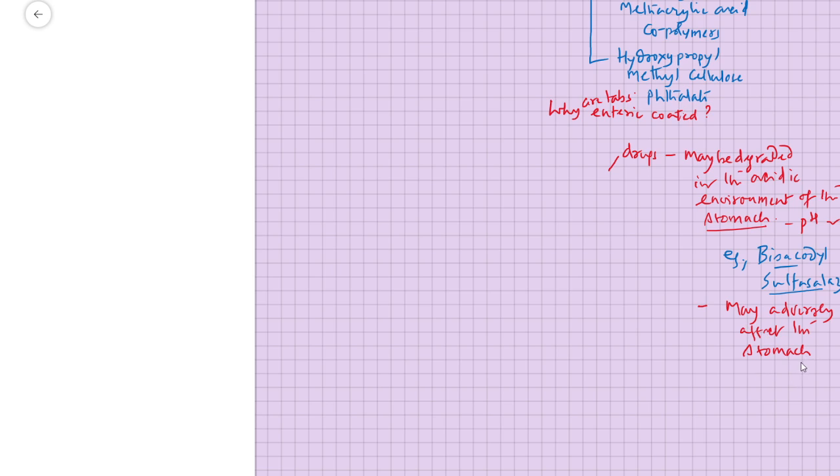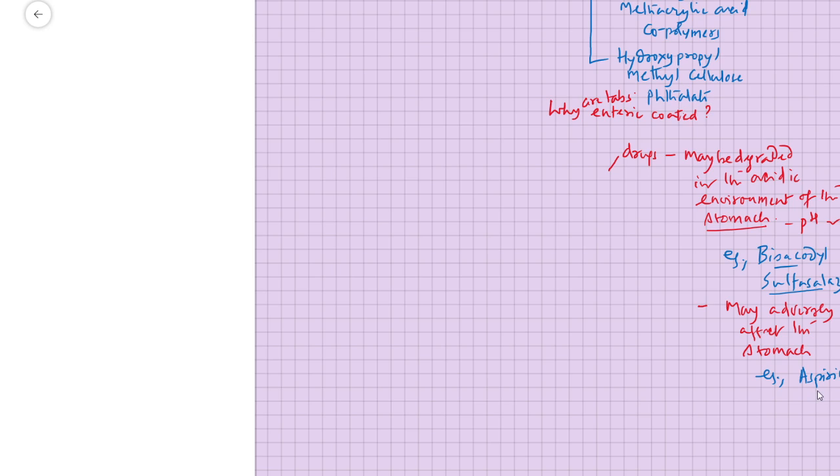The lining of the stomach may be compromised by the drug. In such cases also, an enteric coating is given. What could be an example of these drugs? It could be aspirin. If aspirin is not enteric coated, it may cause ulcers. It may cause gastric ulcers.